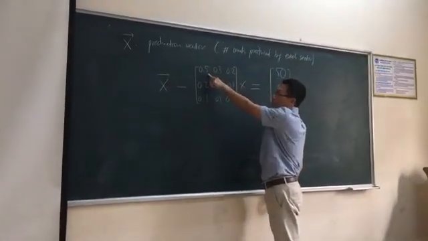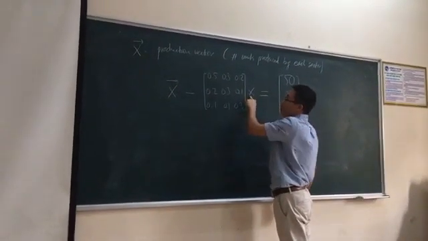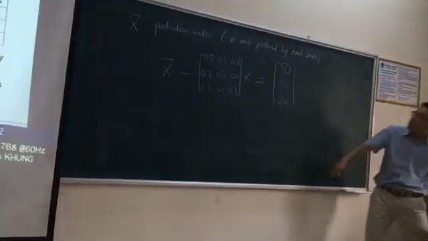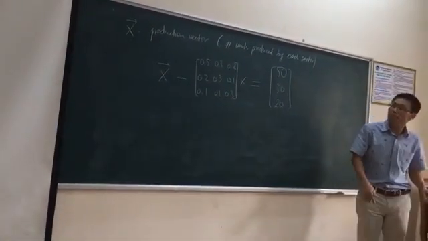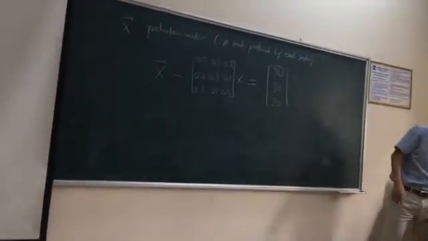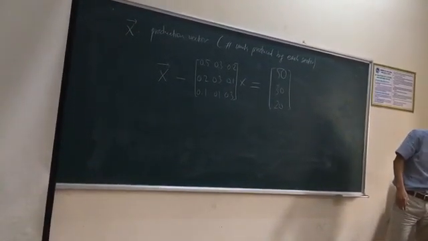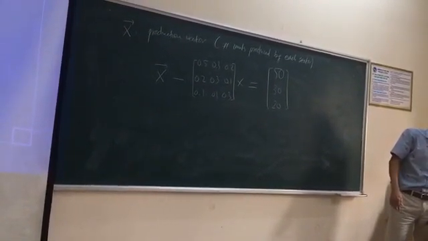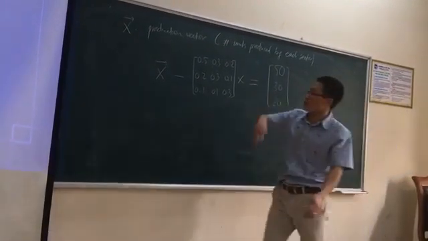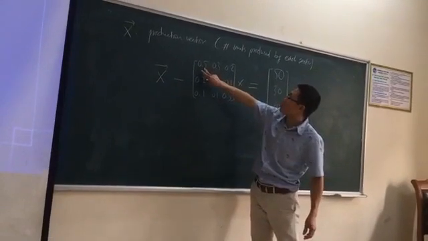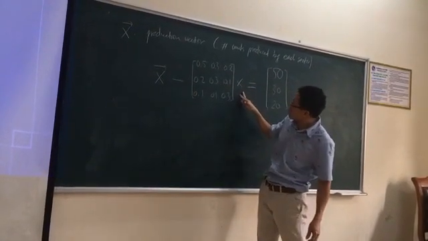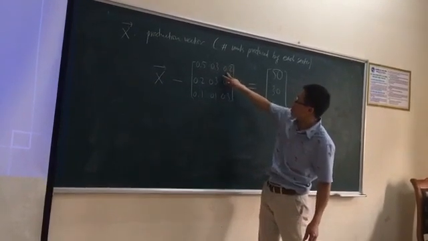So let's say 50% of x1 is used by manufacturing, and then 30% of agriculture is used, and 20% of services is used.